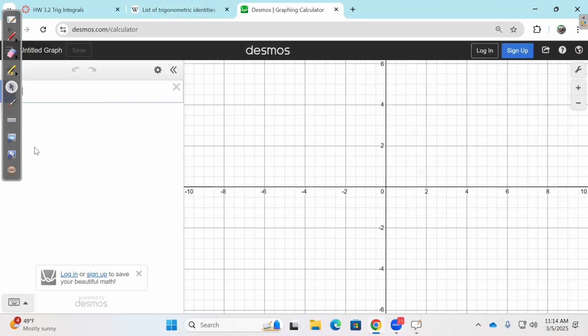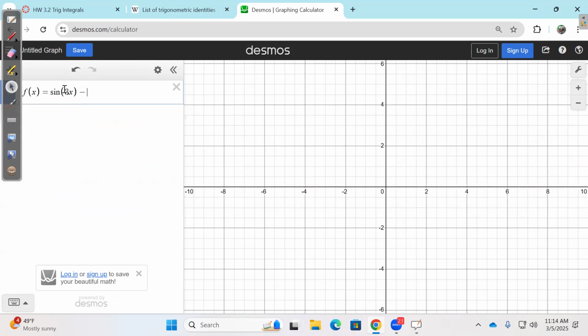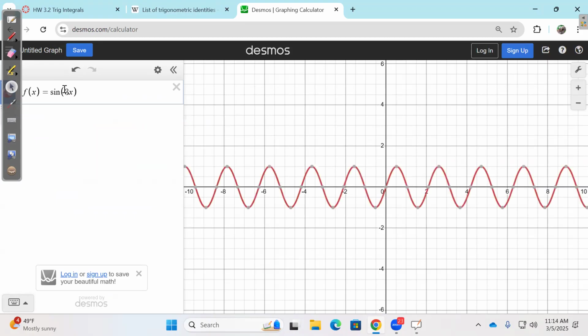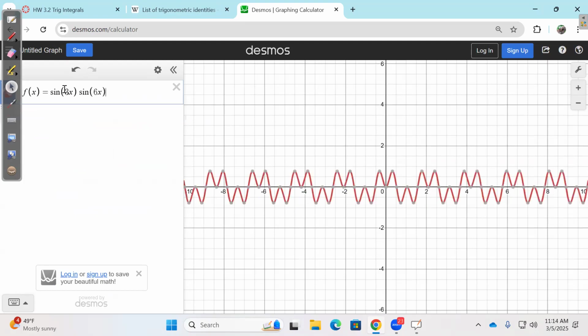Desmos today, and my function I'm trying to integrate is f of x equals sine of 3x times sine of 6x. Going up to pi, so I'm going to graph x equals pi.